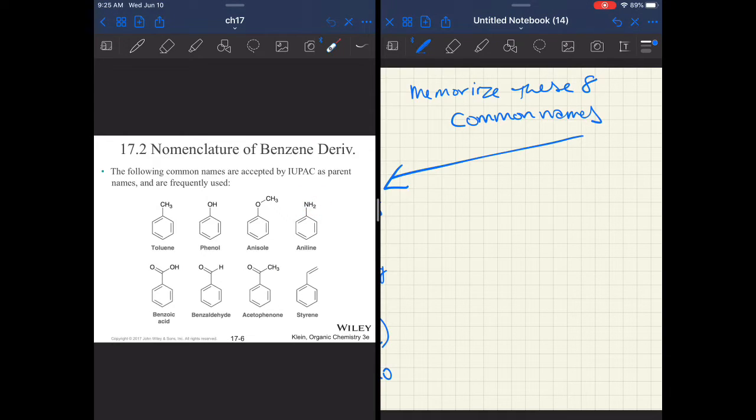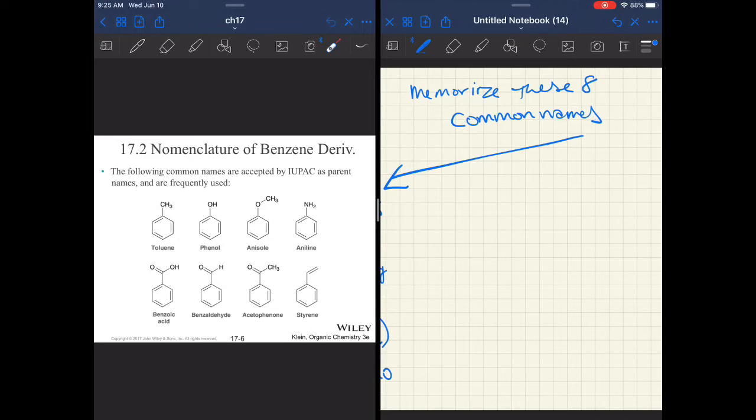Aminobenzene is aniline. So as you're writing these down, let's talk about these. Now, if I asked you for a name, you could give me methylbenzene or toluene. But if I ask you a question using the common name, you need to know what it is. So you have to learn these.